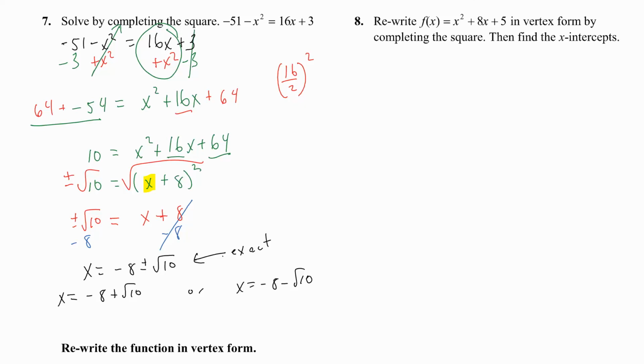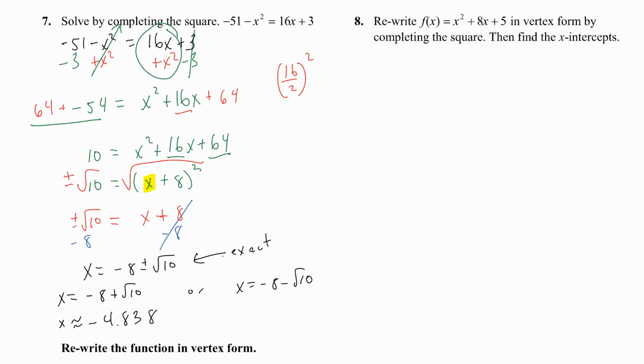To get a decimal approximation, you just type it in the calculator. So you do the square root of 10, and then you add a negative 8 to that. So x is approximately, we'll have to round, and you'll read directions how to round it. I didn't specify in this one, but we'll go to 3 decimal places. So I did the square root of 10 plus a negative 8.